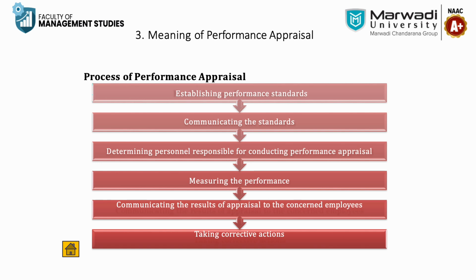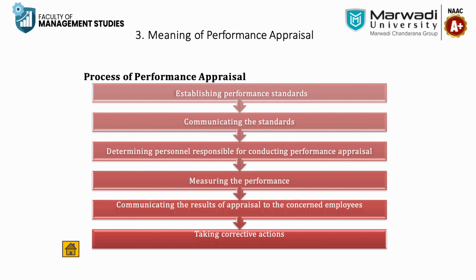There are a number of ways in which it can be done. Earlier in the past, there were some methods which were used by the companies, and now there are some modern methods also, future oriented methods we call them, which are used in the organization nowadays. So I will just take you through some of the methods which are important.